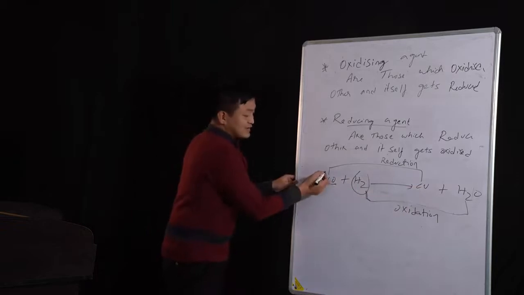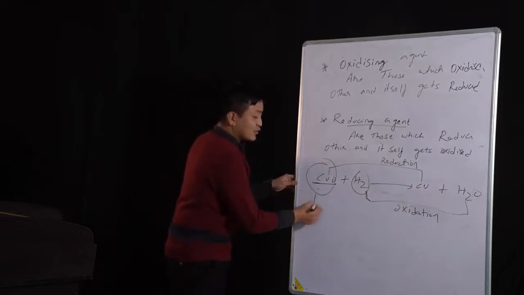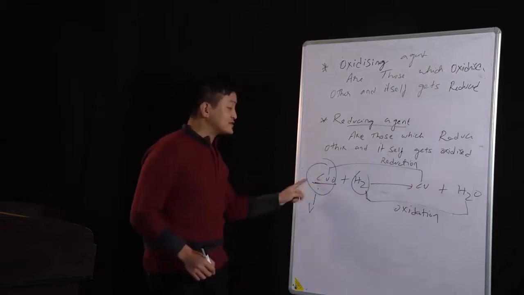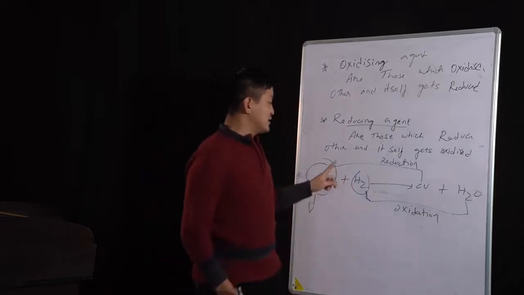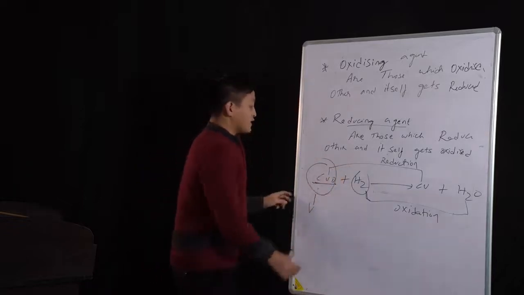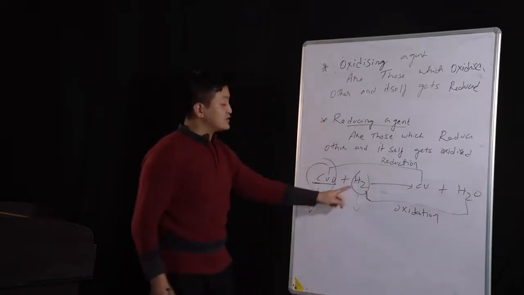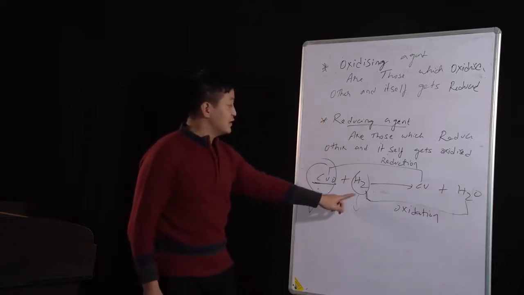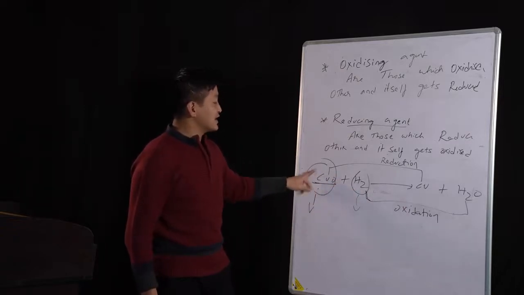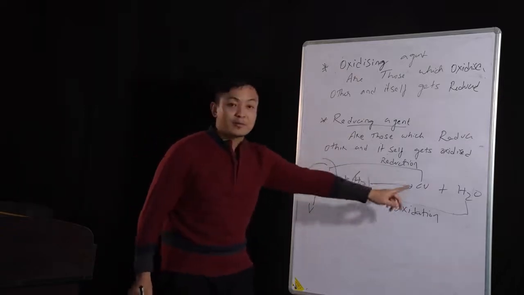So we can say that cupric oxide is an oxidizing agent, because of this hydrogen has oxidized. And hydrogen here is a reducing agent because cupric oxide has reduced to copper.